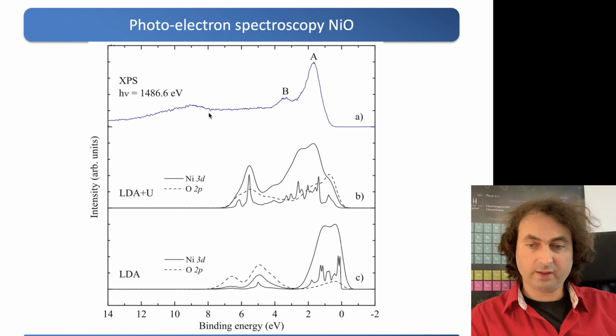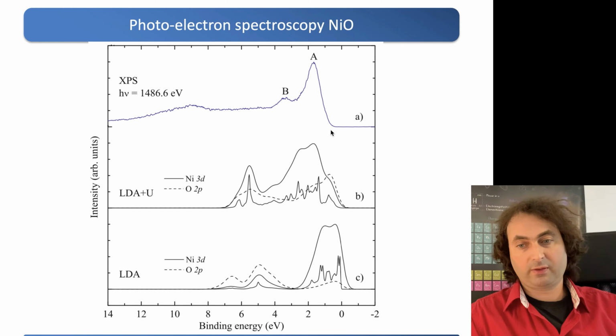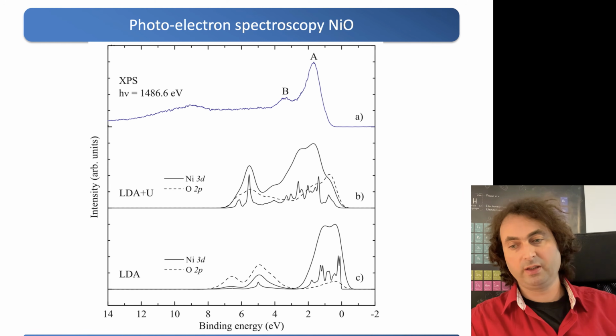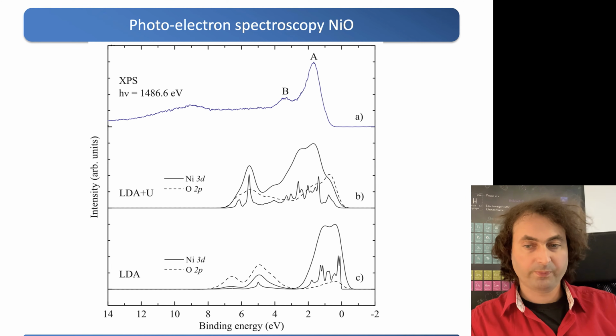And on top we have the experimental spectrum. And what you would expect on a single electron theory is that you can remove an electron either from the T2G or EG orbitals, and then of course also from the oxygen orbitals.